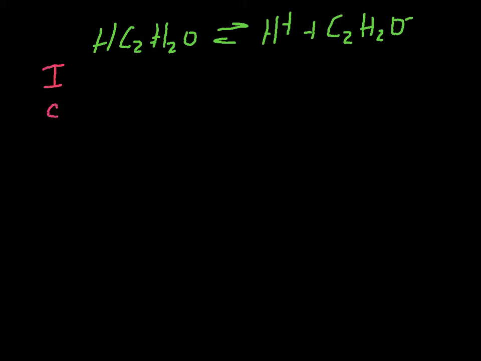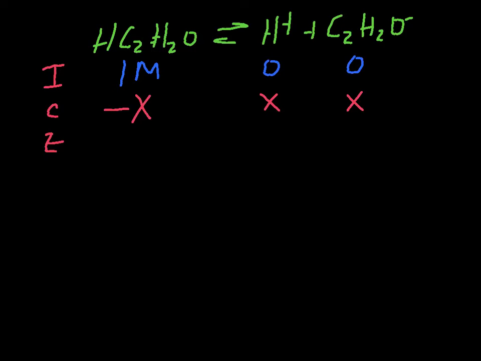Looking at an ICE chart gives you practice in that. The initial concentration of the acetic acid was 1 molar. I didn't have any of this or that because they haven't ionized yet. There's going to be a change of X amounts of the hydrogen ion and the acetate ion. And remember, those are always going to be in the same amount because they're coming from the same molecule. And that means that the change in the concentration of the acetic acid would be a minus X.